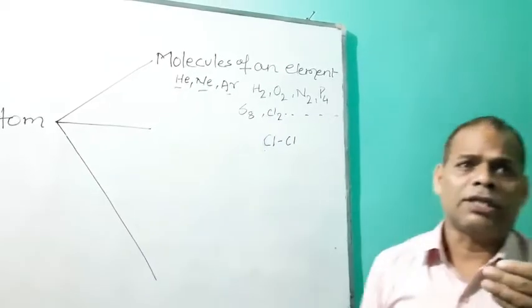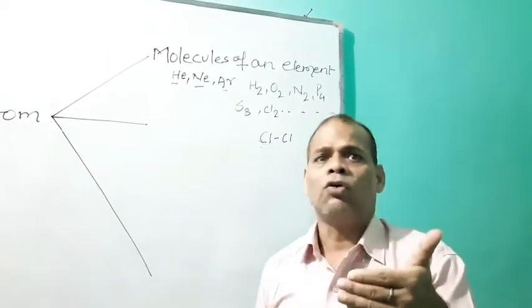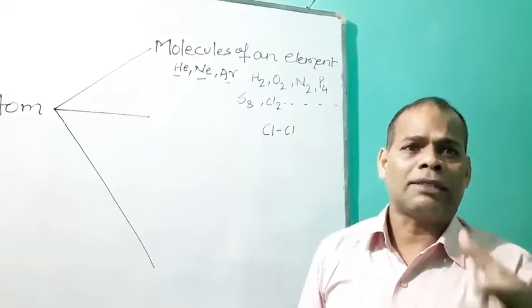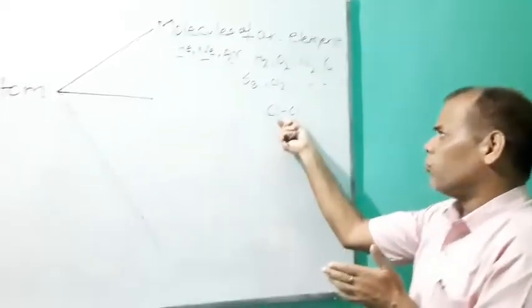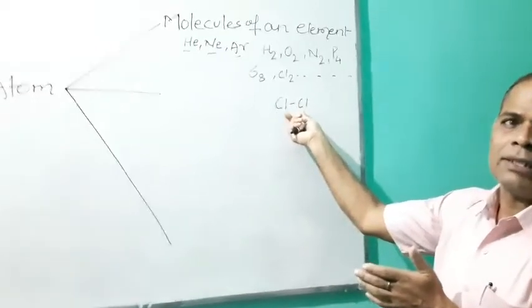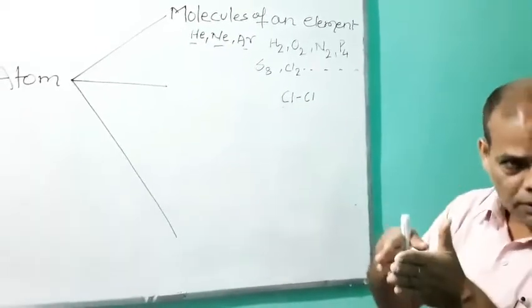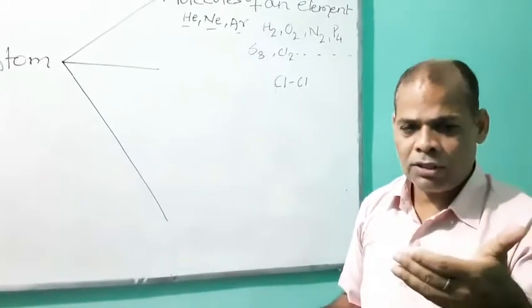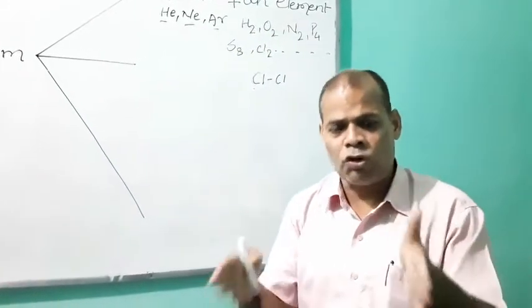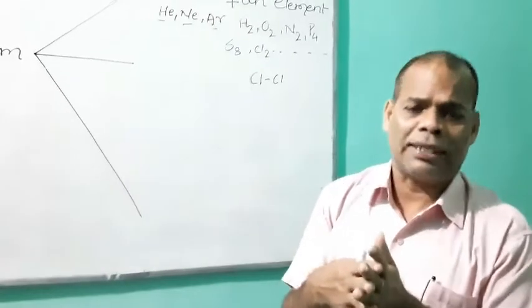So molecule is nothing but a group of atoms bonded together. A force which holds atoms together is called a bond. What is a bond? A force which holds the atoms together.